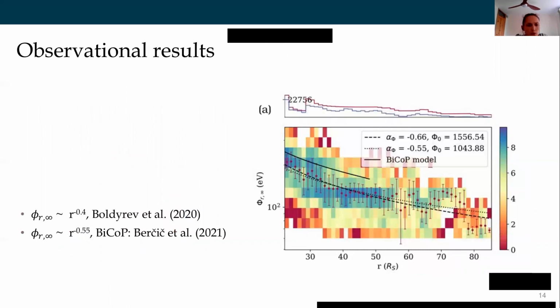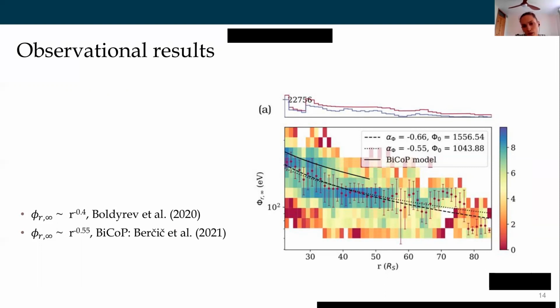These are the results that we obtained. So we have the radial distance on the x-axis. We span radial distances between 20 and 80 solar radii, and we show the potential on the y-axis. The potential decreases with radial distance. This is what was expected. And we fitted this data and we found the power law trend.